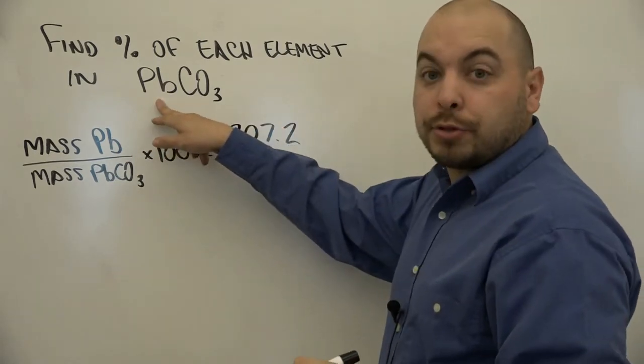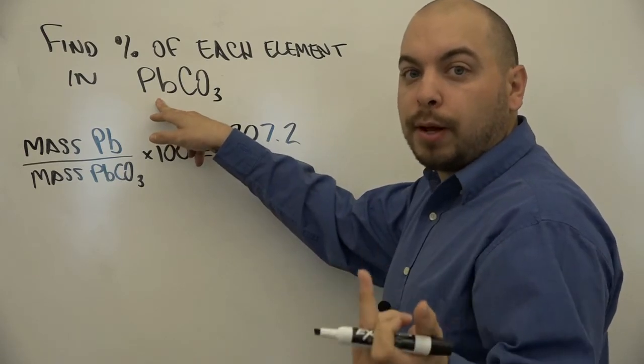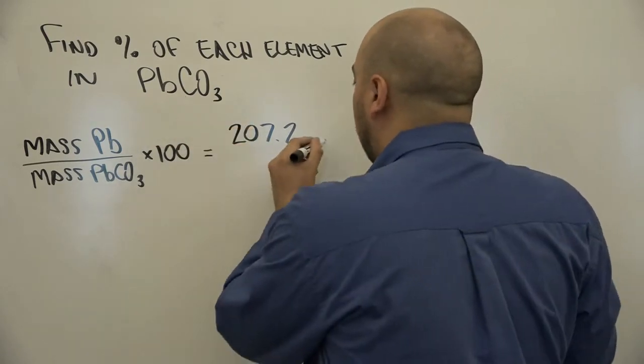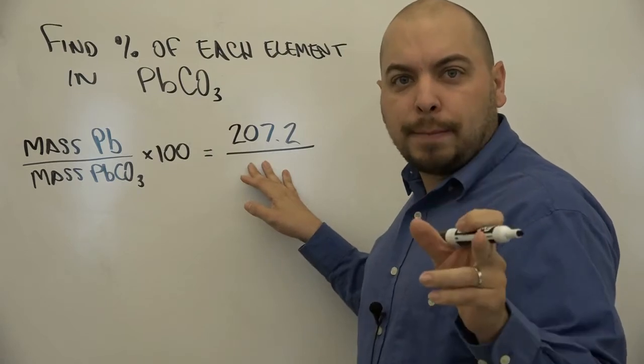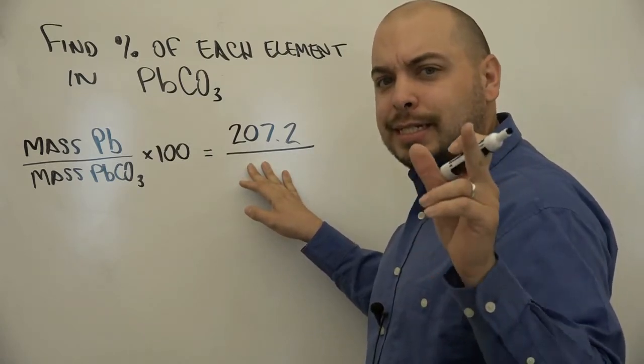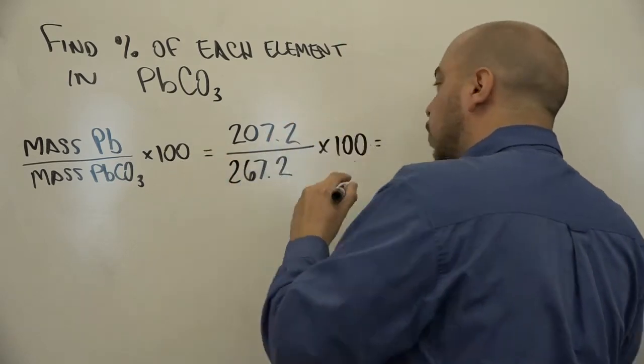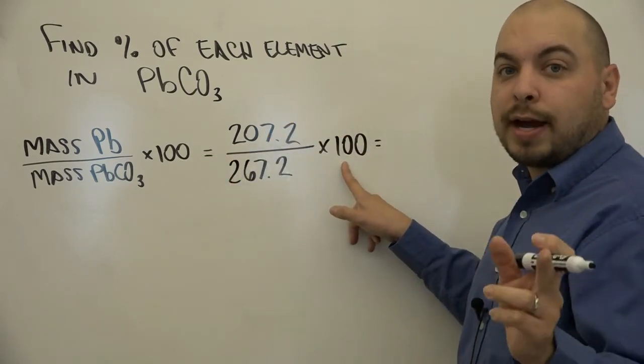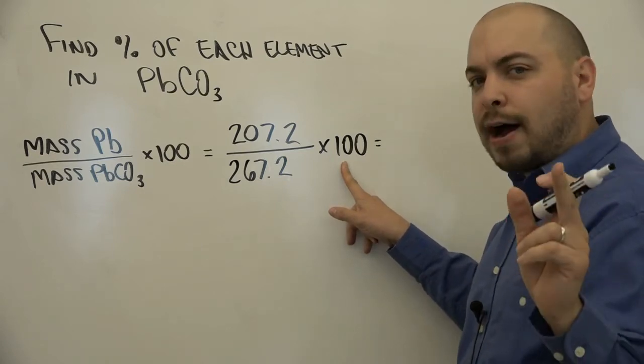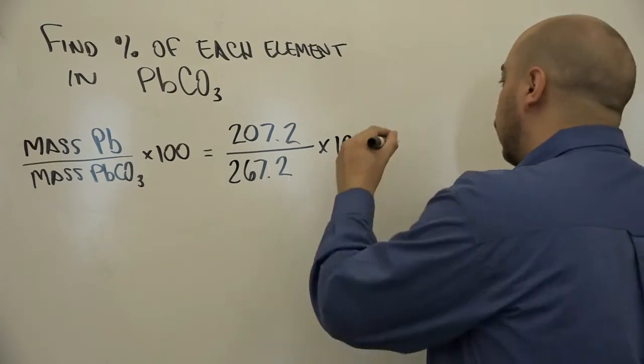And in our compound, there's only 1 atom of lead for every molecule of the compound. The molar mass of the compound is going to be 267.2 grams per mole. We multiply by 100 to get the fact that lead is 77.54% by mass in this compound.